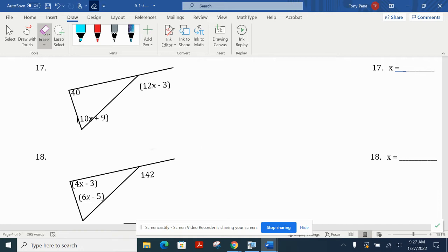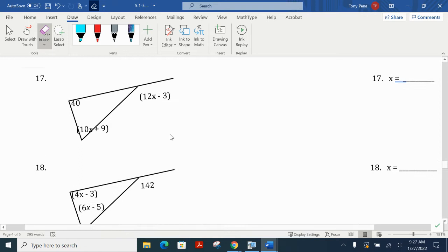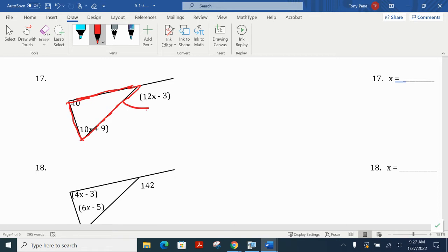17, probably the one that people have asked the most questions about with all of this. The idea that you have your triangle. So here is our triangle, and you have 2 of the 3 angles inside. This is what we called an exterior angle, the angle that's outside of the triangle, if we extended one of those sides.